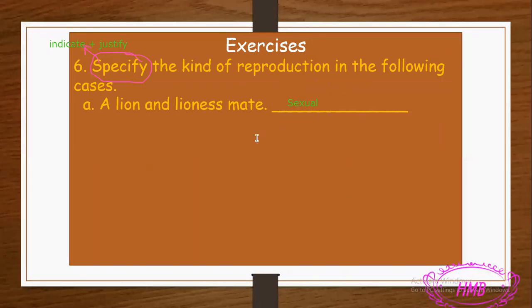So here I will write sexual. This is the indicate part, I solved the first part: I write the name of the kind. Then justify why it's sexual, because it includes the presence of male and female. Since they told me lion and lioness, meaning male and female. So it is sexual because it has both male and female.